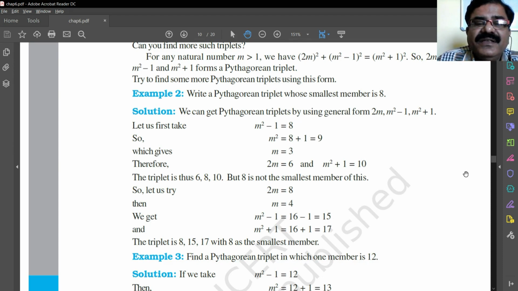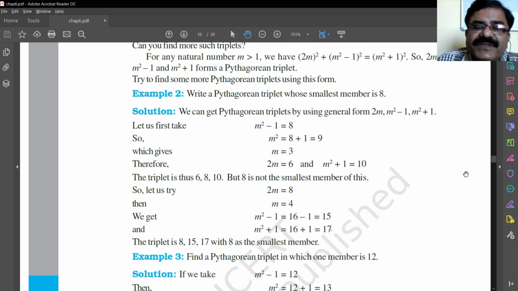These are the three numbers obtained in these triplets. Let us take one by one. m square minus 1 is equal to 8, so m square is 9, so m is equal to 3. Now 2m is equal to 6 and m square plus 1 is 10.